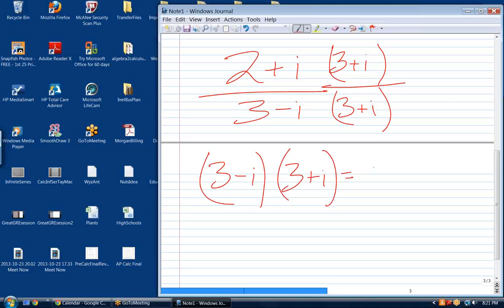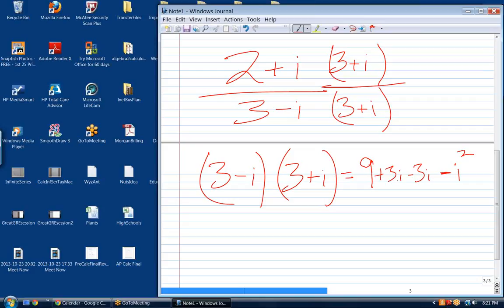First term: 3 times 3 equals 9, plus 3i, minus 3i, plus minus i squared. In other words, i times i is i squared, but minus i times plus i is minus i squared.